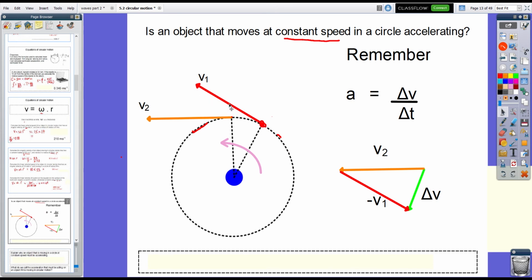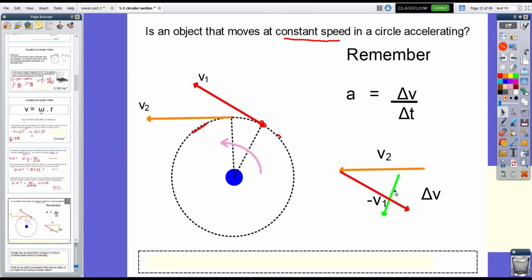That's v1, but it's been turned around on its head, the arrow, because what I want to do is actually calculate v2 minus v1, which is really the change in velocity. And the change in velocity, which is going to be used to calculate acceleration, you look where it ends up. The overall vector of v2 minus v1 is pretty much pointing in towards the centre.